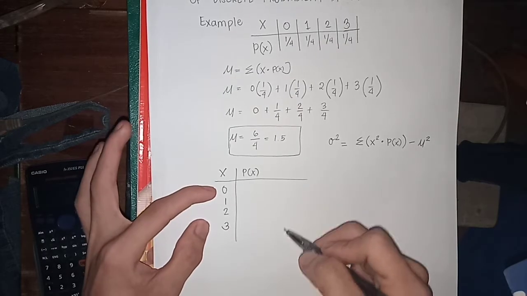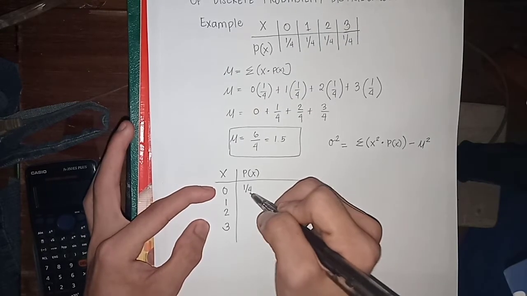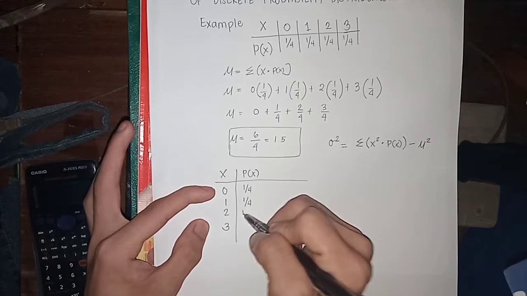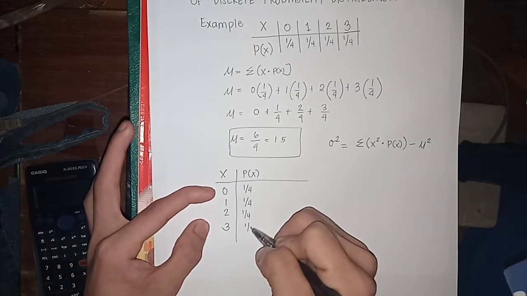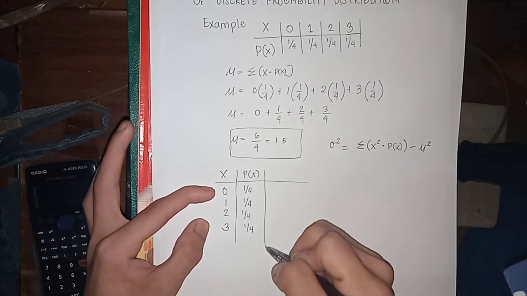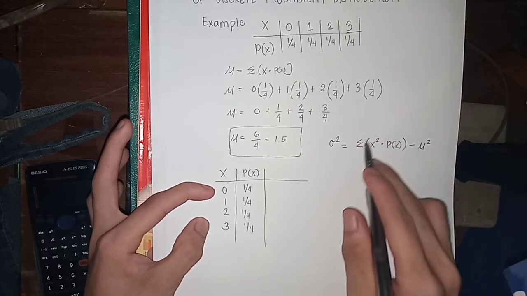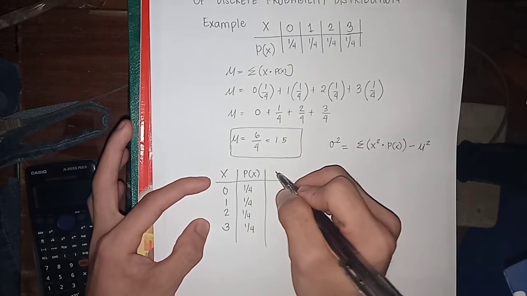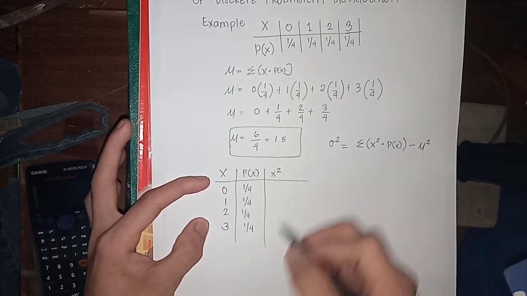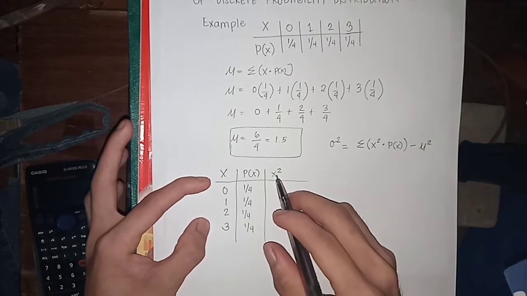So, each has a probability of 1/4. Okay? So, in the formula, we need an x squared, the square of x. So, i-add natin yung column na x squared.